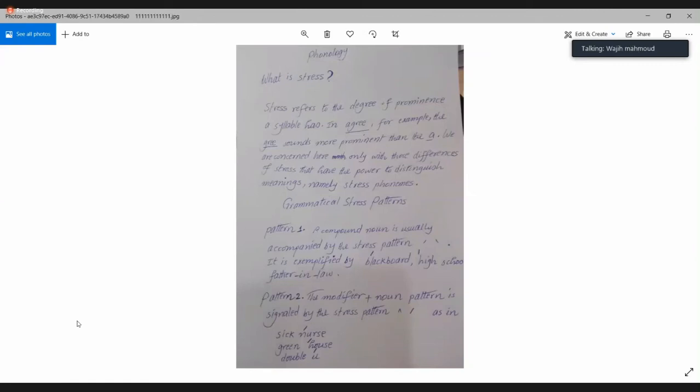So we don't say sick nurse, we say sick nurse. We say greenhouse, and we say W. You know what W means? W means? That Double means the letter you.